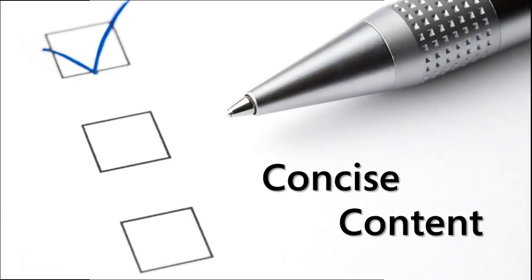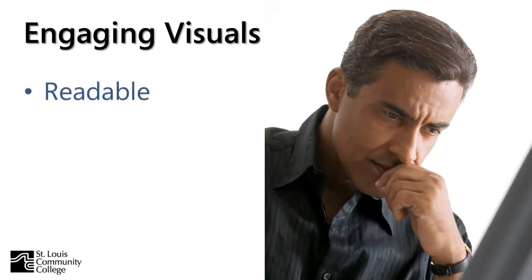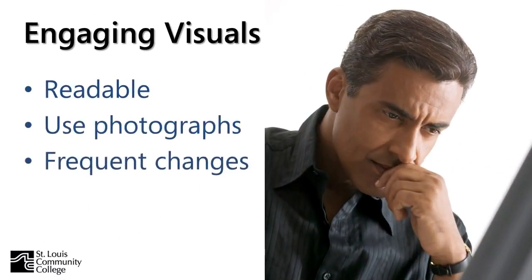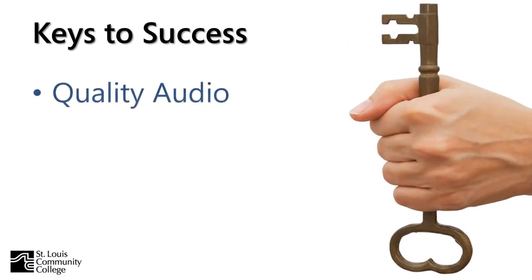Edit, edit, edit. And finally, you need effective, thoughtful, engaging visuals, along with highly readable text. Sustaining viewer attention requires frequent changes. It may be in the slide content, or it may be in the style or tone of the narration.